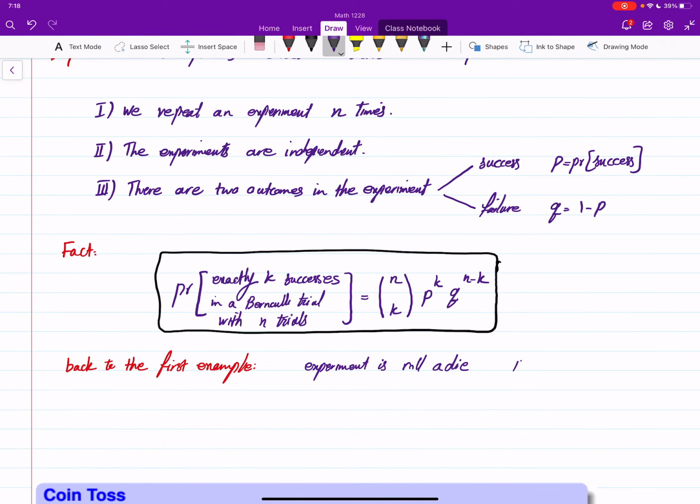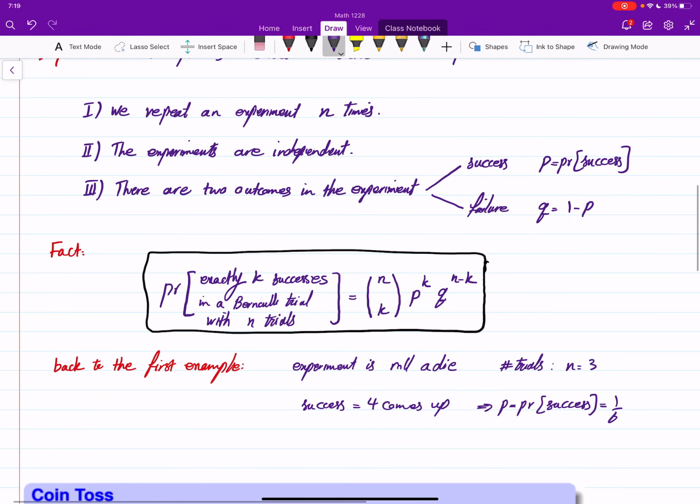The number of trials, which we denote by n, is 3. The success is that 4 comes up, and the probability of success, which we denote by P, is 1/6.